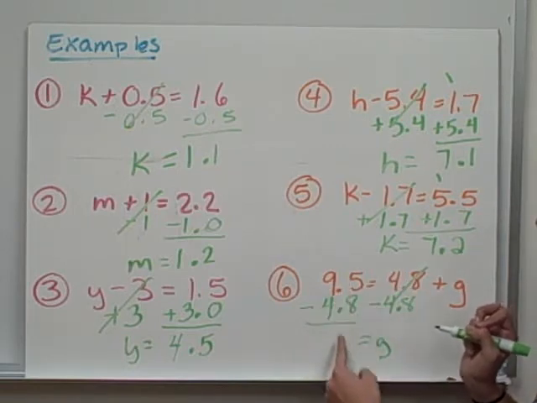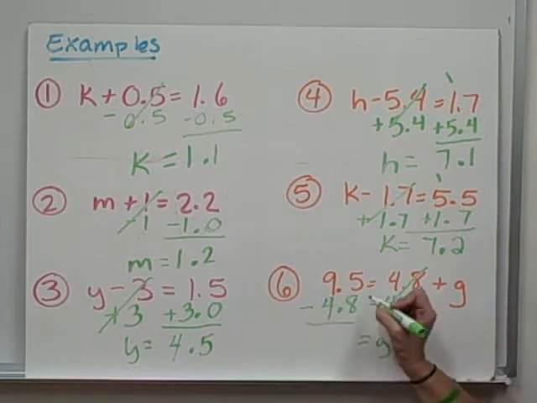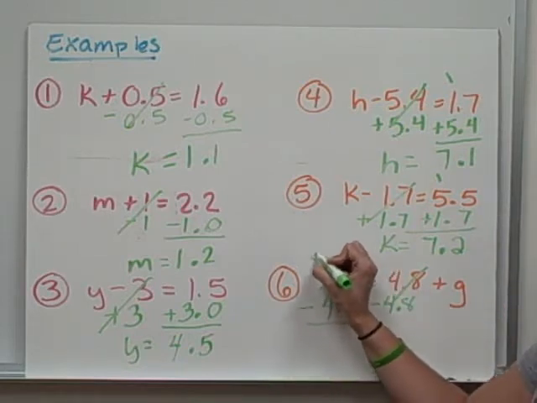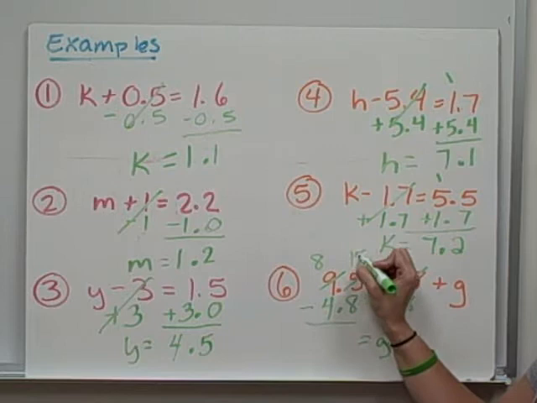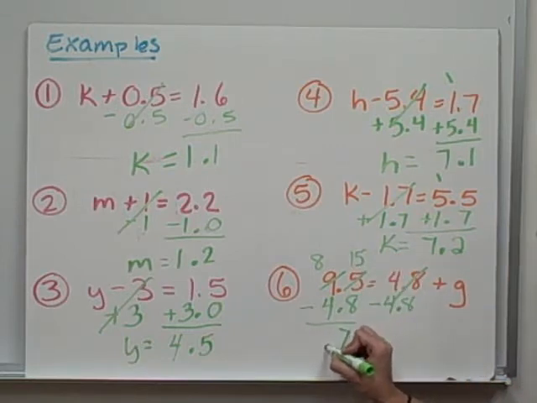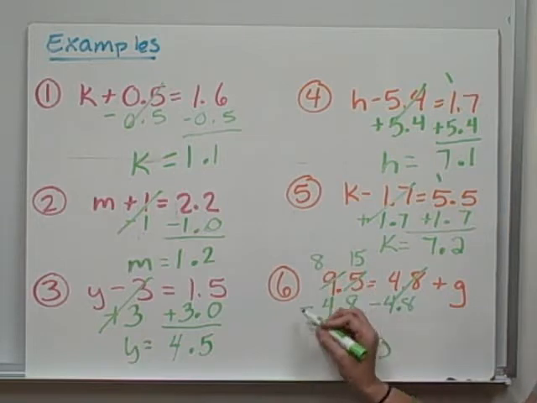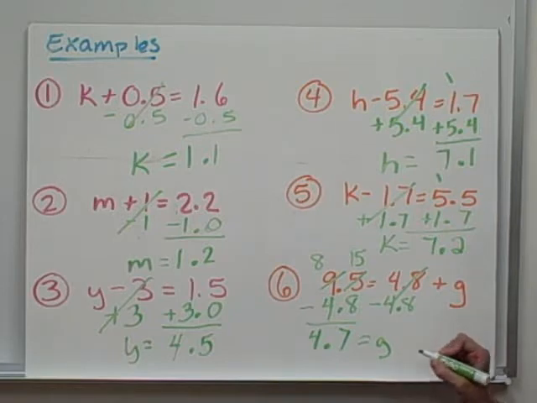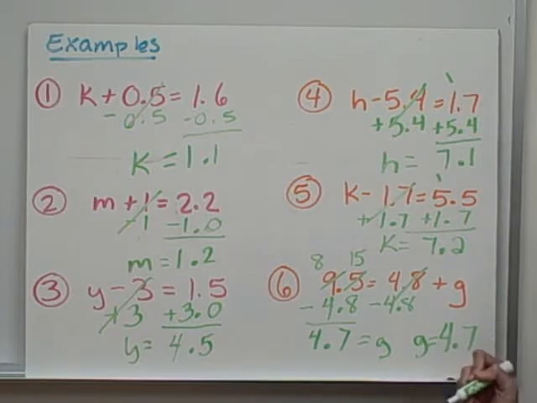See how I lined up my decimals and I have 5 take away 8? I need to borrow from the 9 and make it an 8. Make the 5 a 15. 15 take away 8 is 7. Bring down my decimal. 8 take away 4 is 4. 4.7 equals g. I could rewrite it as g equals 4.7, but it means the same thing either way.